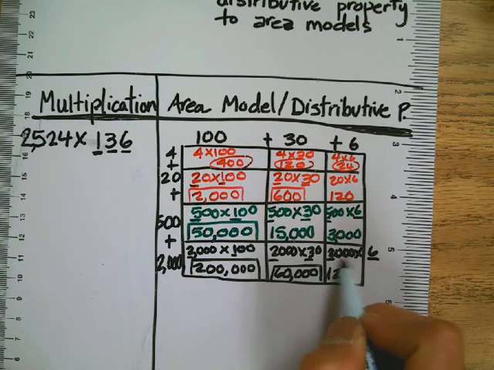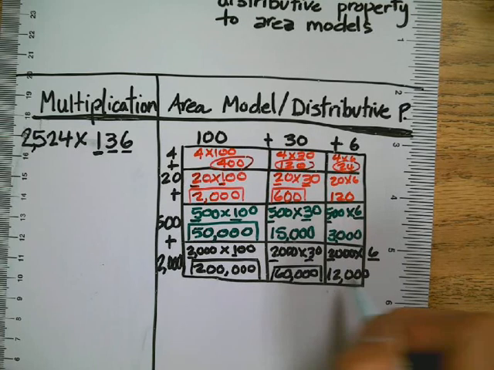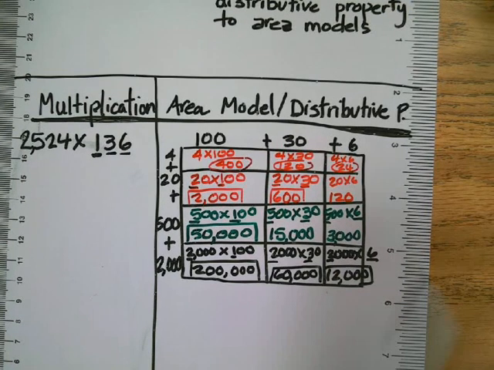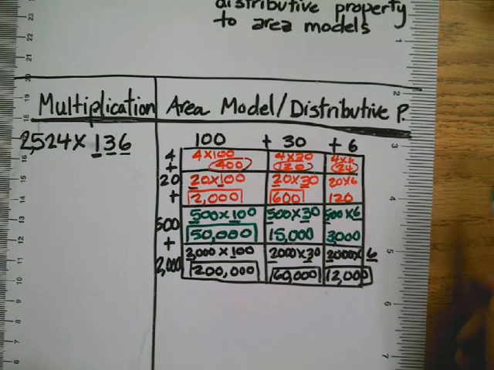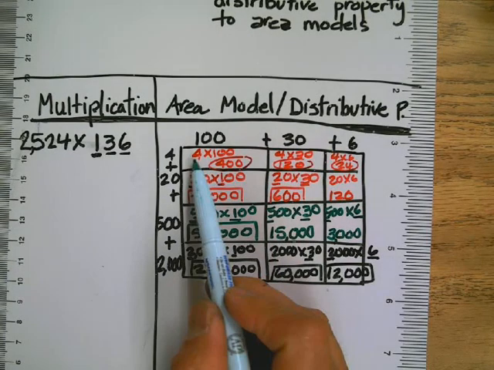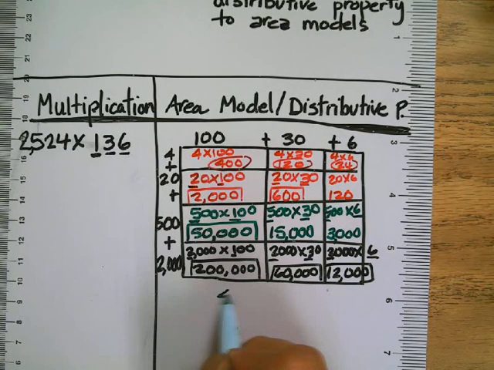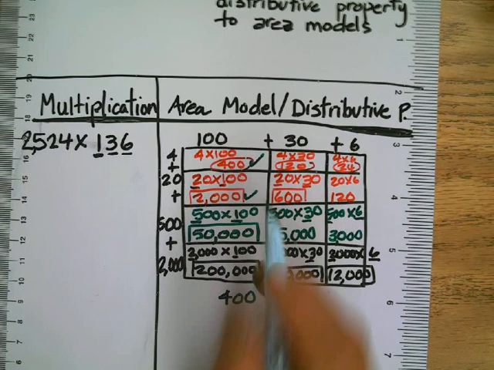We're going to add them up down here vertically. So that's the first one, 400, plus 2,000, plus 50,000, plus 200,000.